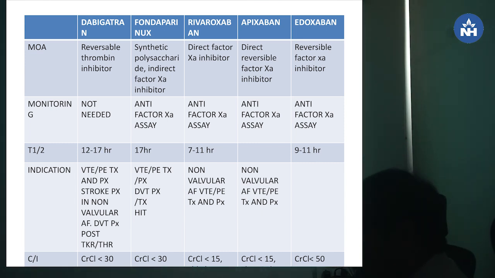So this is the difference between the novel anticoagulants, or NOACs: dabigatran, rivaroxaban, apixaban and edoxaban. Here we can see that creatinine clearance is one of the important factors in deciding whether dose optimization is needed or the drug is contraindicated in CKD. In the case of rivaroxaban and apixaban, along with CKD, chronic liver disease is also a contraindication.